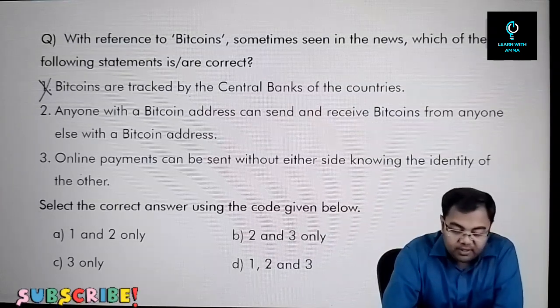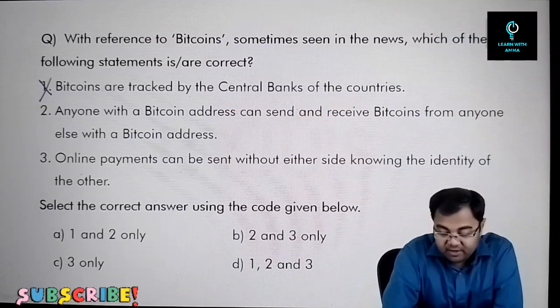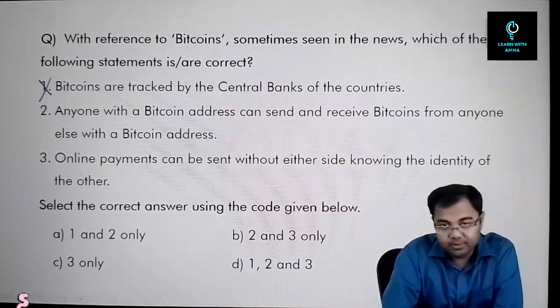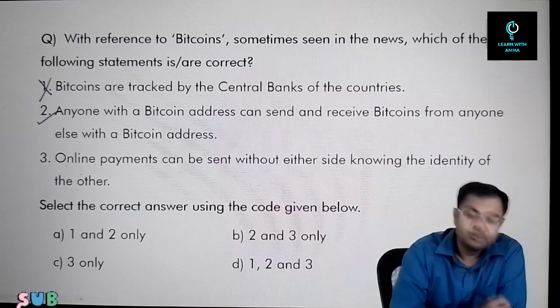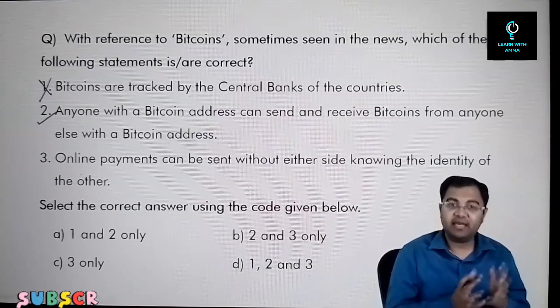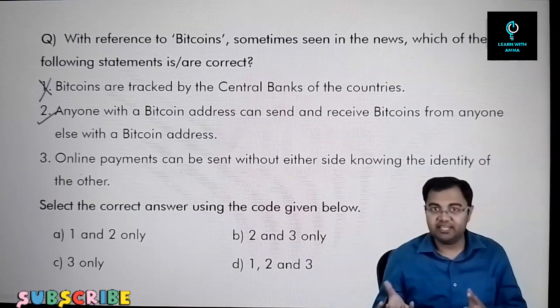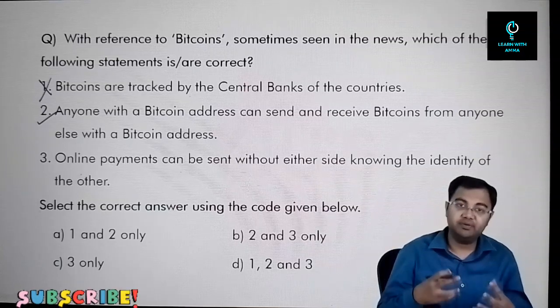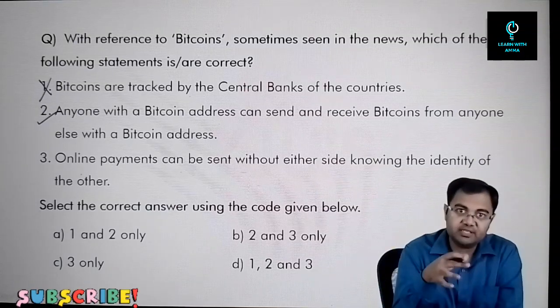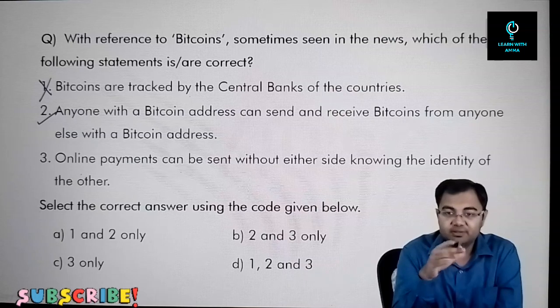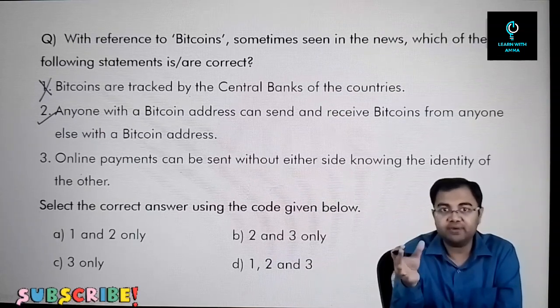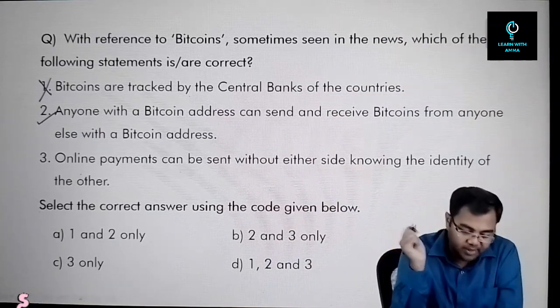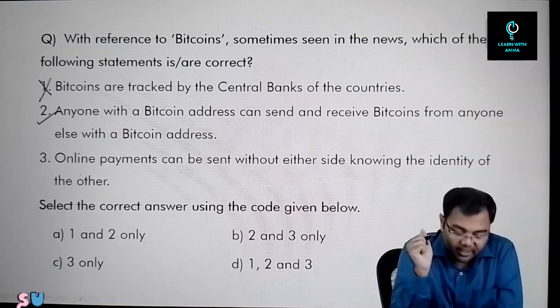Then, anyone with a Bitcoin address can send and receive Bitcoins from anyone else with a Bitcoin address. This is true. Everyone has a public and a private key, and this public and private key also becomes a part of the transaction, and whoever is at the other end will identify the key and the transaction will be done. So that's why this is correct.